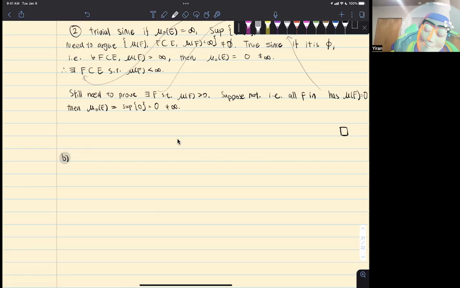Then notice that you can actually ignore any subset F satisfying this requirement but F not equal to Tj. What I'm saying is that this is equal to the supremum of mu of Tj, since Tj is increasing to E and you are looking for a supremum, by the monotonicity of measure.